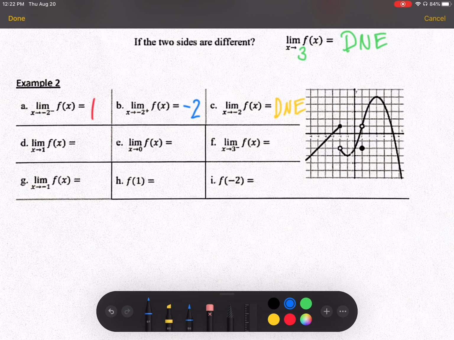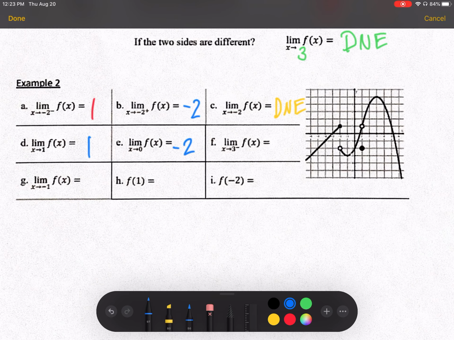All right, limit as x approaches 1. So that's right here. When we look at our graph, left side and right side are approaching the same number, and that number is 1. The limit as x approaches 0 is going to be negative 2.